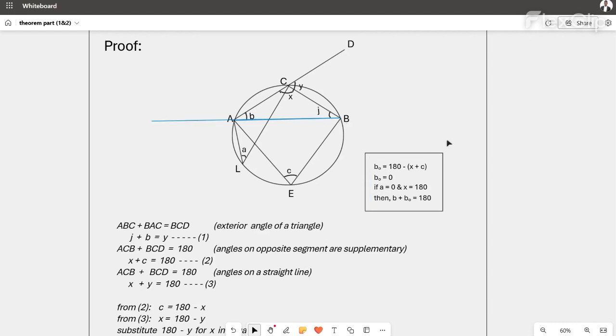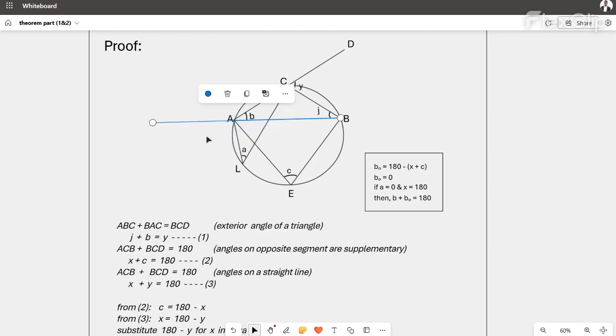Then another thing to know is that if angle A is equal to 0 and angle X is equal to 180 degrees, if we stretch this angle till it becomes 180 degrees, then the sum of angle B, which is the angle here, and angle B naught, which is the angle that will form when we try to separate this triangle, will be equal to 180 degrees. Why?